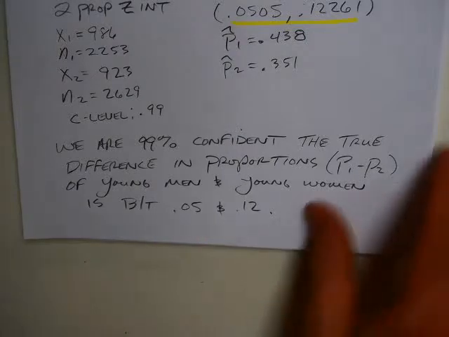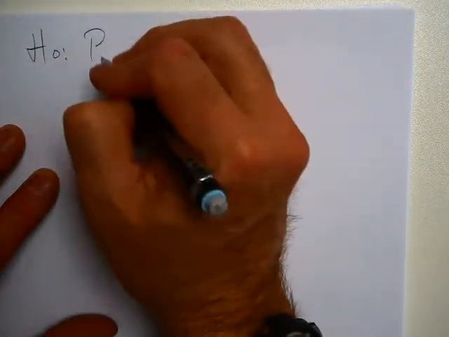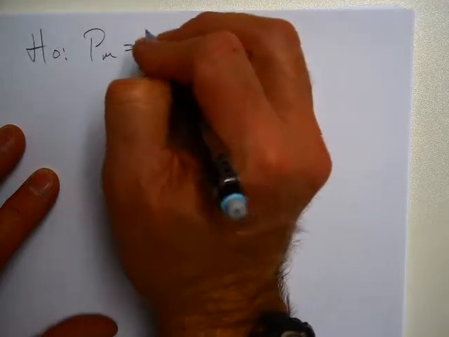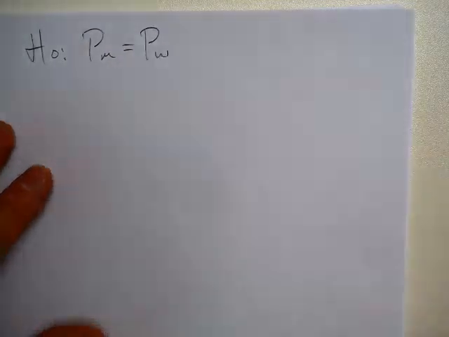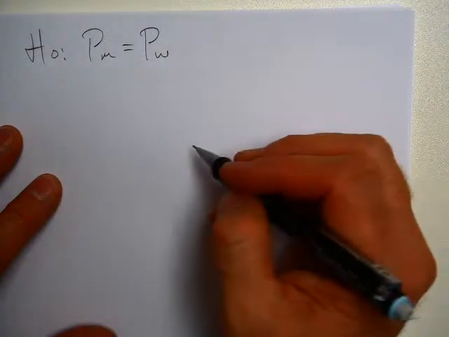I think in this case, if I were writing the null and alternative hypothesis, I would say that the null hypothesis would be that the proportion of men equals the proportion of women. And then the alternative is going to be that something's different, right?